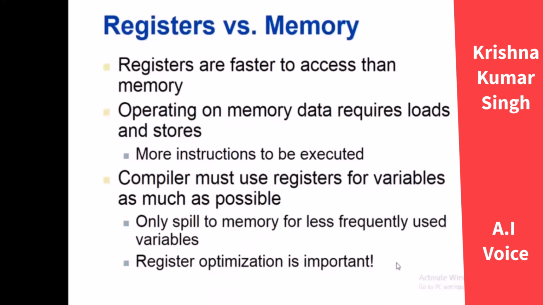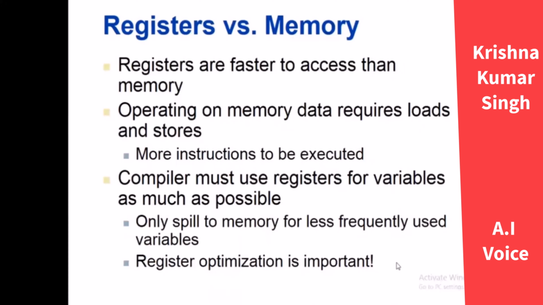We have 32 registers, so we can load the data one time, store them into the registers, and then perform all of the operations over them, instead of always going to the memory and reading data from the memory like we have to do in 8086 assembly.